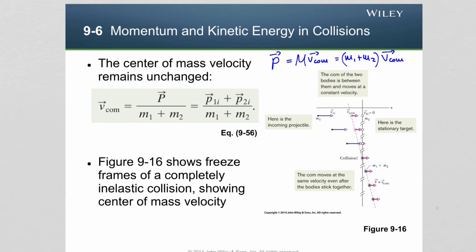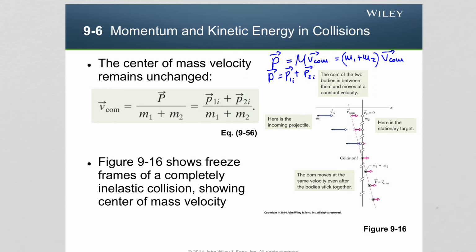But remember that P is the total momentum of the system of particles. Or in other words, P is equal to P1 initial plus P2 initial. So then I can also write that vcom is equal to P1 initial plus P2 initial divided by m1 plus m2.